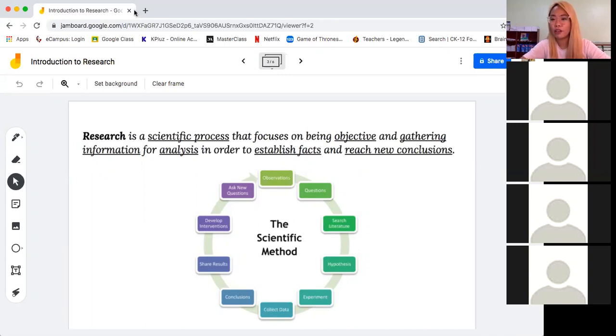So for example, yung binasa ninyong reading material about the race to find the vaccine for the coronavirus. Okay? So when they established na meron tayong pandemic, di ba, a lot of countries volunteered to conduct several research to find vaccines.